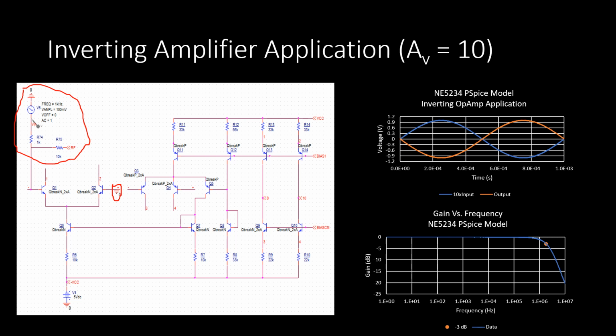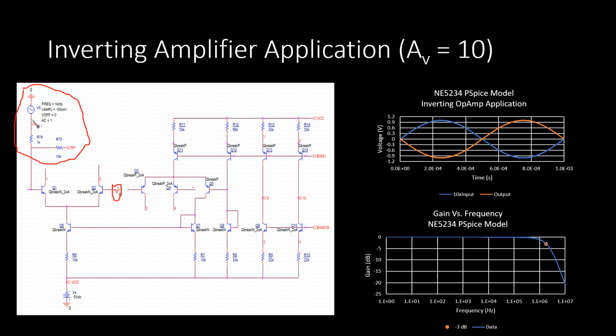The graphs on the right show the application as the inverting amplifier, the input signal in blue, or 10 times the input, and the output signal in orange. As you can see, they are about the same in amplitude, meaning the output was about 10 times the input as expected, and it was inverted.